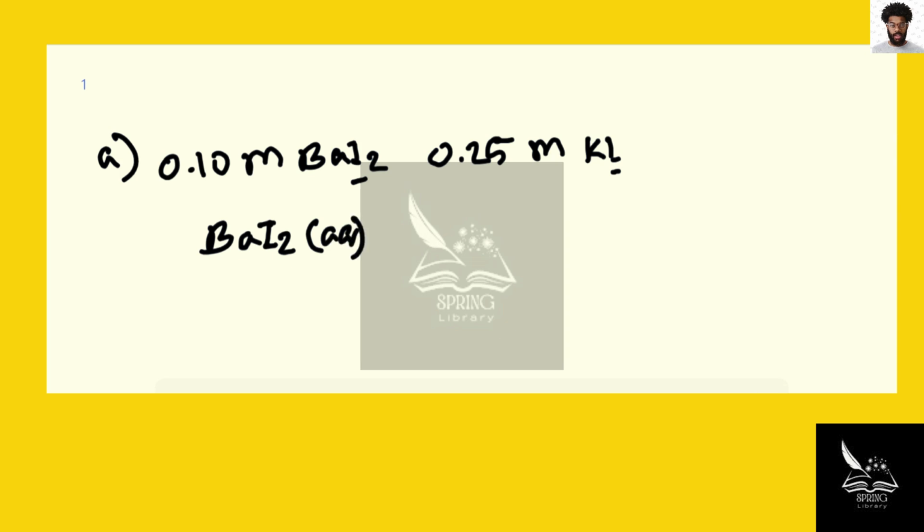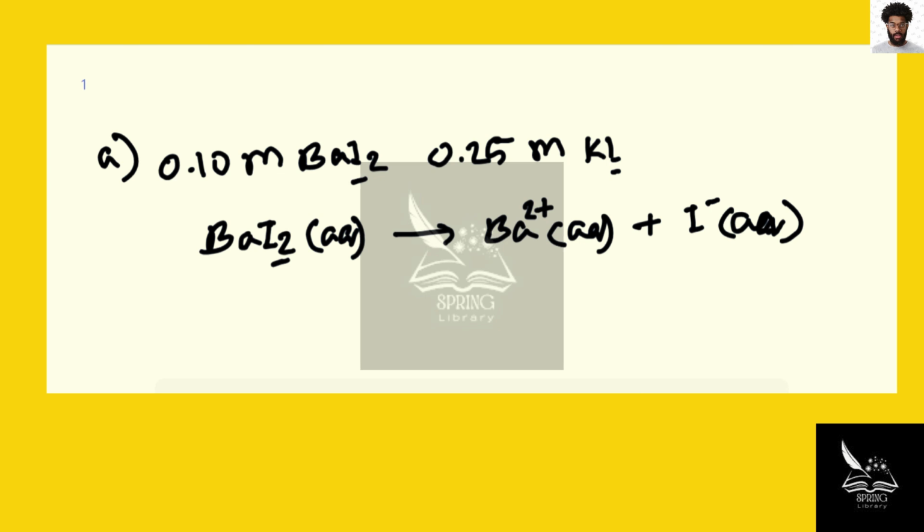So BaI2 will be ionized to give us barium 2 plus and I minus ion. And since we have two iodide here, to balance the equation we have to have 2 here. That means from this BaI2 or barium iodide we will have 2 iodide ions produced.